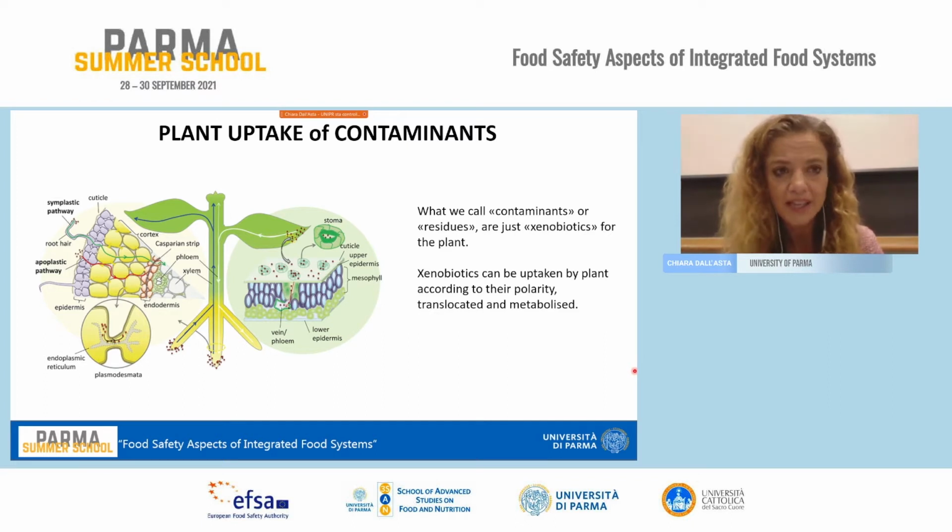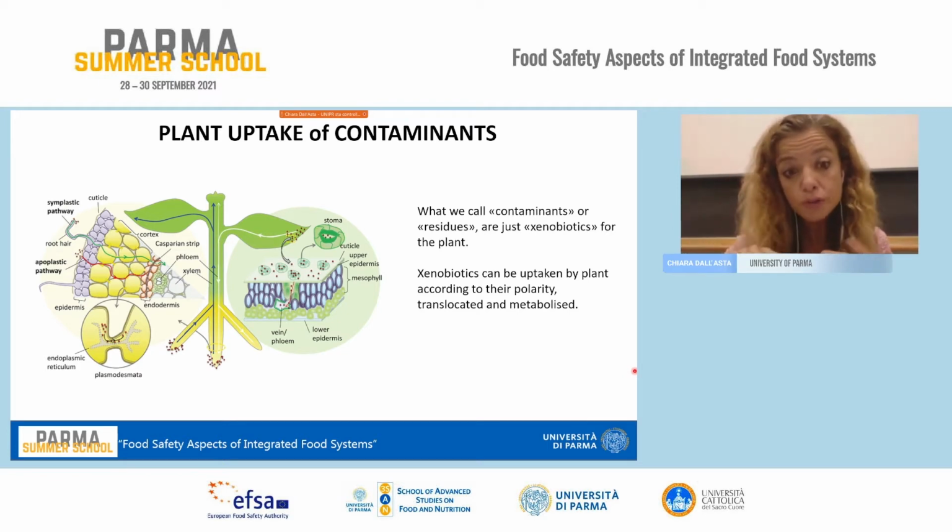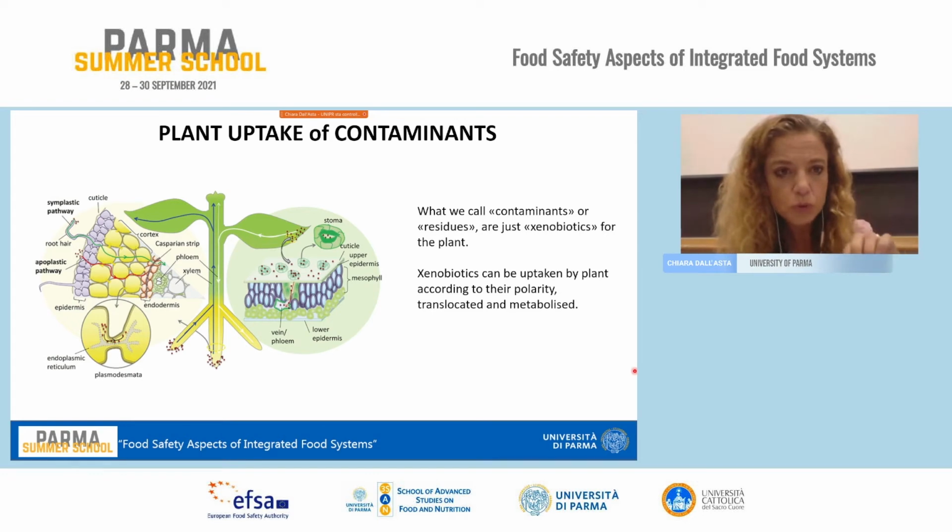Xenobiotics are well known to be taken up from soil and water according to their polarity, translocated, for example from roots to leaves, and from the leaves to other edible tissues in the plants, and then metabolized.